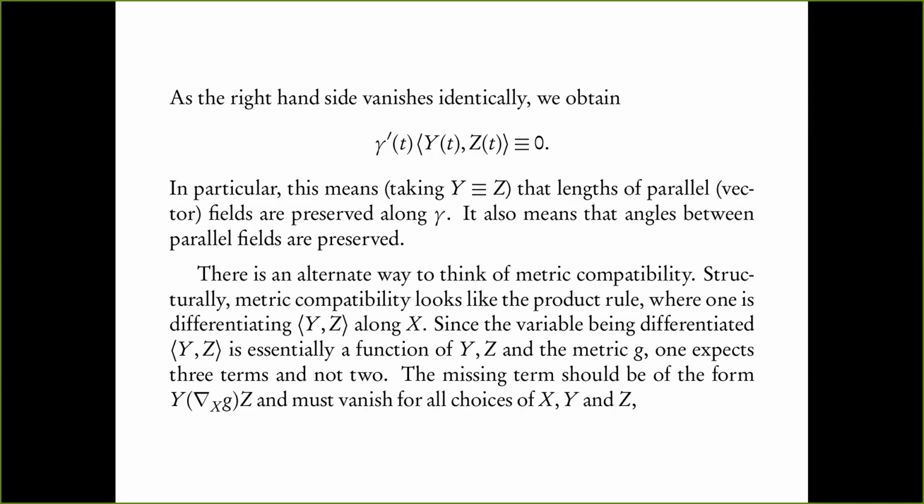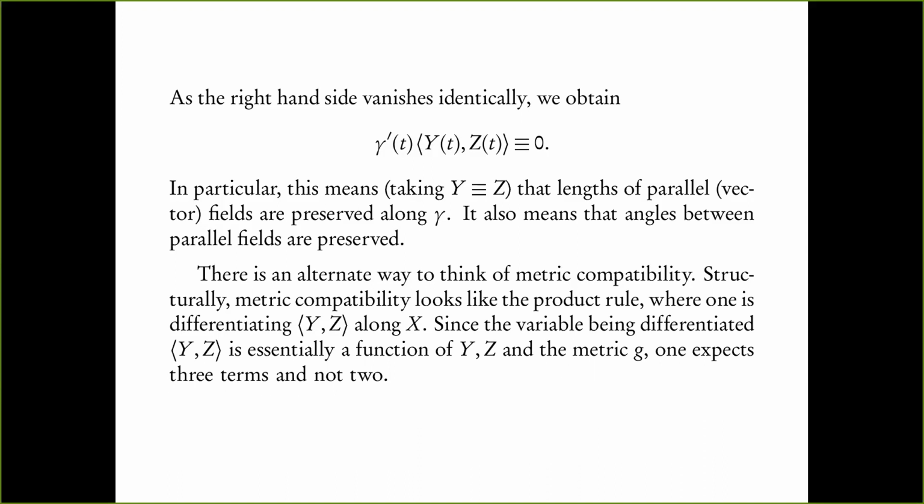The three terms should be, first of all, the covariant derivative happens to y, and the metric and z are the same, so that is nabla x of y, z. Or the covariant derivative happens to z, and y and the metric are the same. Or you have to somehow differentiate the metric g, and y and z are the same. That's what you should get ideally, right?